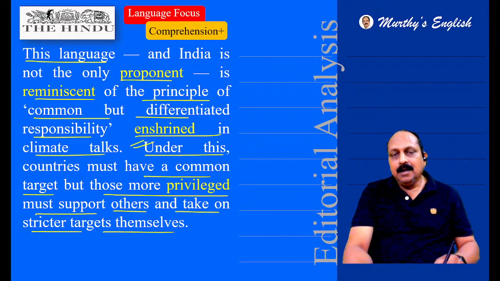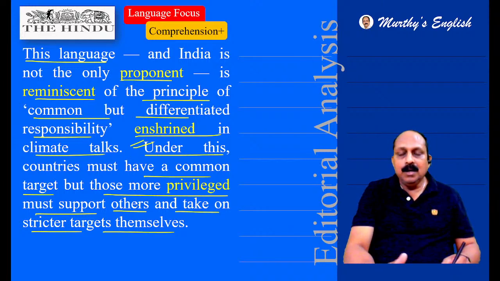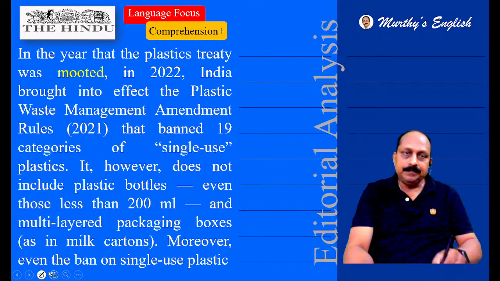They should support others through technology transfer and funding the projects. At the same time, they should take on stricter targets themselves. They should not expect others to do that.